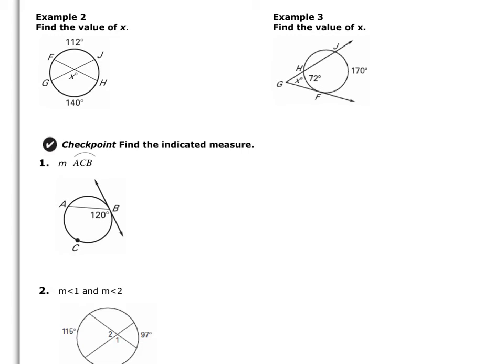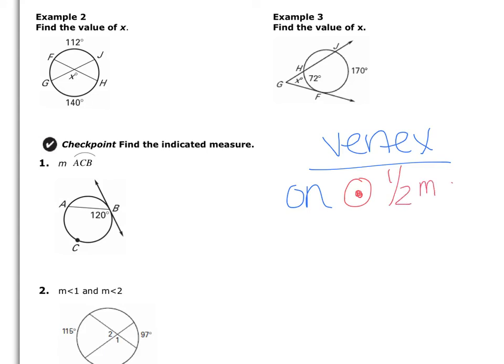So let's see, we have an example 2, find the value of x. It's all about where the vertex is. I cannot stress that enough, and you're going to have to know the difference. You're going to need to know and memorize these things. If the vertex is on the circle, then it's half of the measure of the arc.